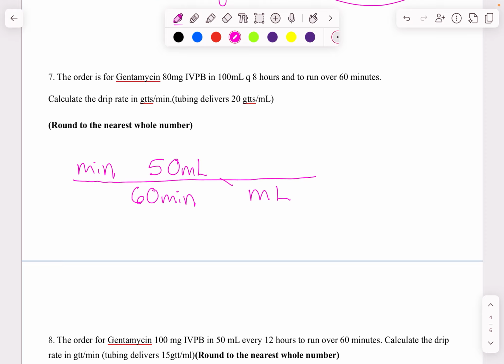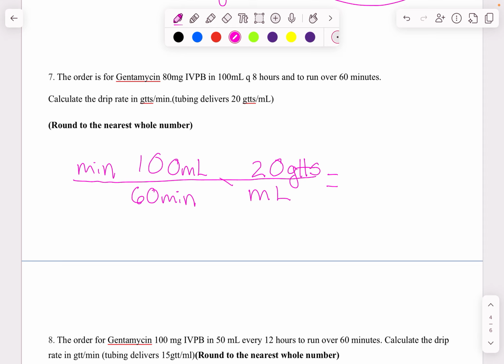And then we know, getting ahead of myself. My apologies. 100, not 50. And there we go. mLs to mLs, and then we know that we have 20 drops per ml.